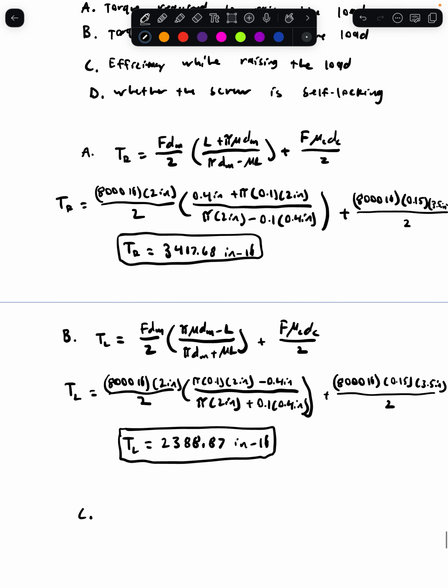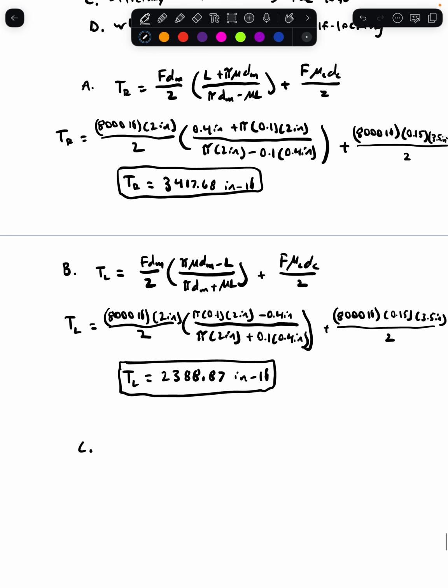Okay, so now we'll ask for the efficiency. So the efficiency is going to be the load times the lead over 2 pi times the torque required to raise the load. So 8,000 pounds times 0.4 inches divided by 2 pi times 3,417.68 inch-pounds.